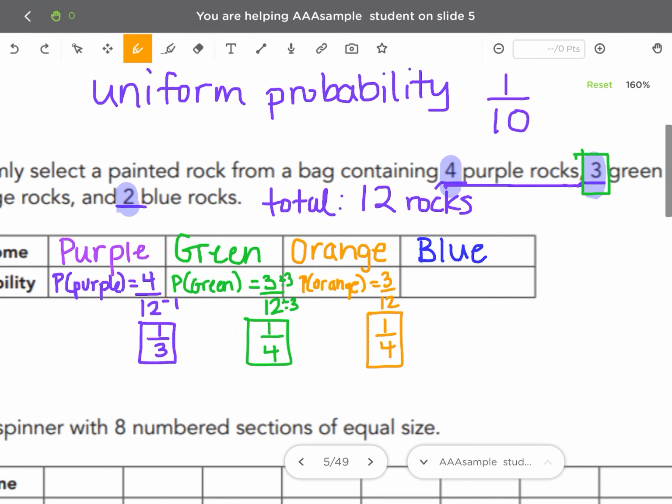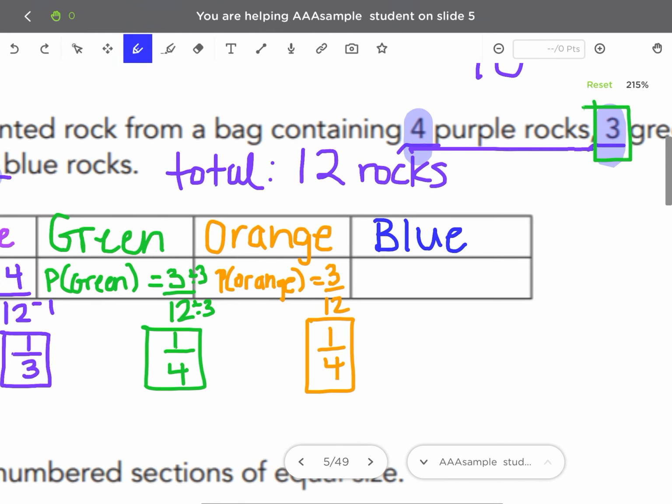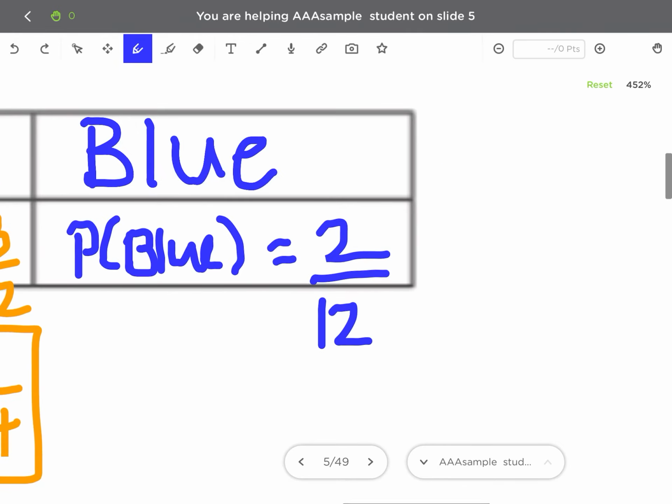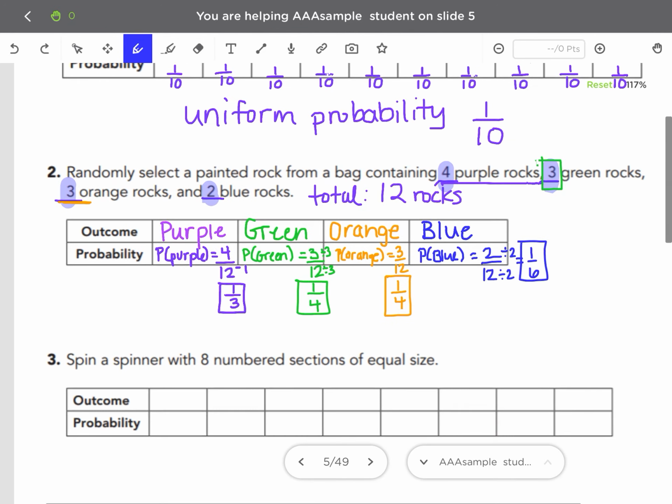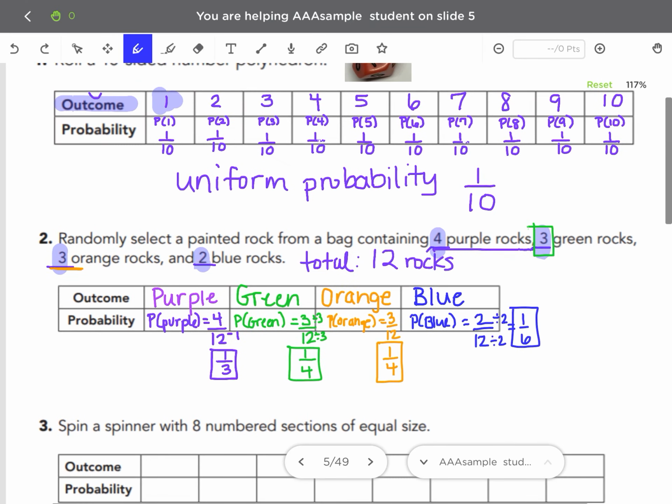And then the last one, 2 blue. So the probability of a blue would be 2/12. I know I can reduce 2/12 because those are both even numbers, so I can divide both by 2 to get 1/6 for my probability. Now, if I'm looking at all these probabilities, these are not the same. This was totally different than our first problem where they were all 1/10.